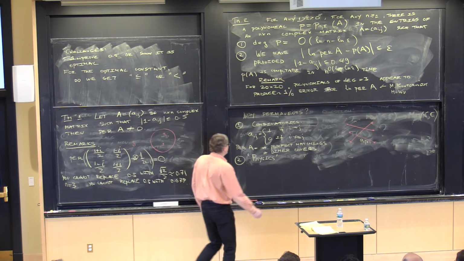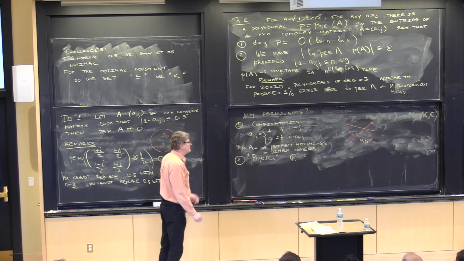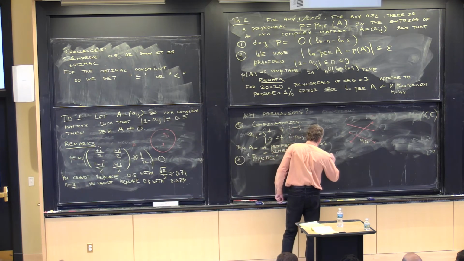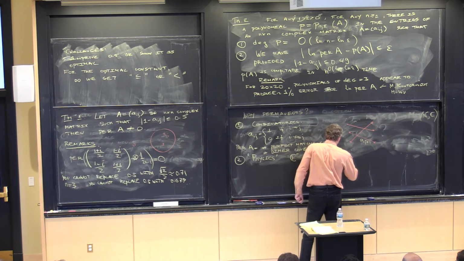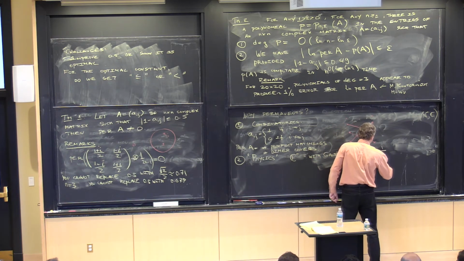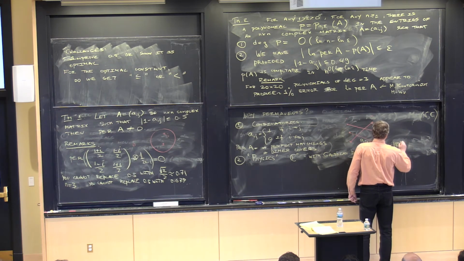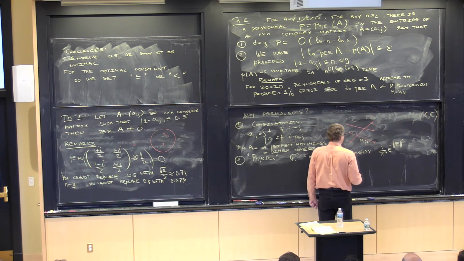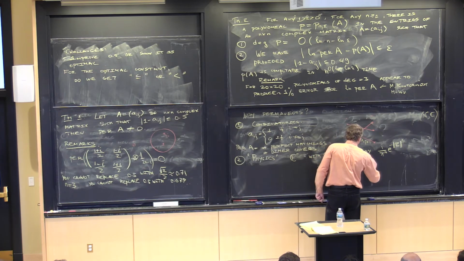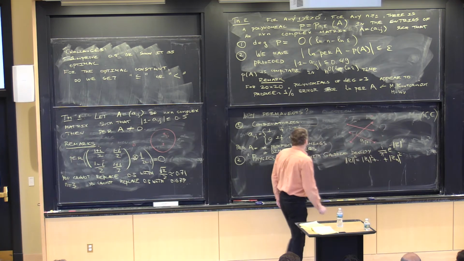Suppose that you have a complex n-dimensional space with Gaussian measure, one over pi to the n, e to the minus squared norm of z, where squared norm is just the sum of the squared coordinates, right? So it's a probability density.